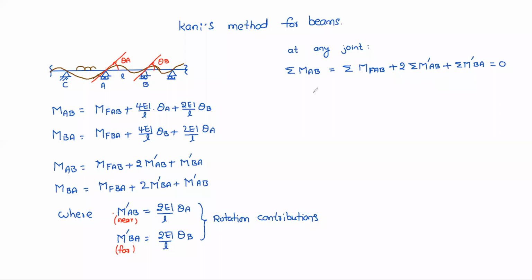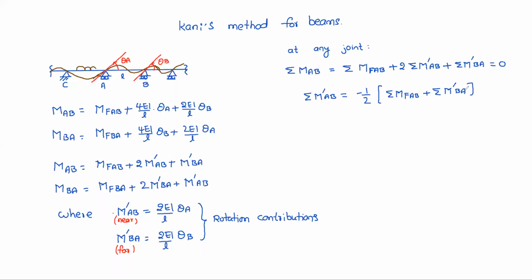Now, from this equation, sigma of M dash AB equal to minus half into sigma of MFAB plus sigma of M dash BA.